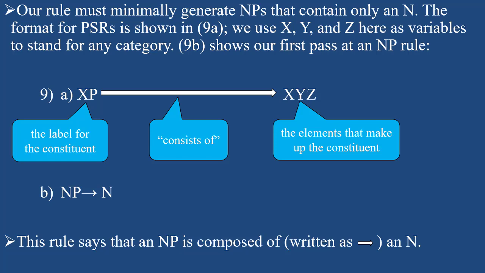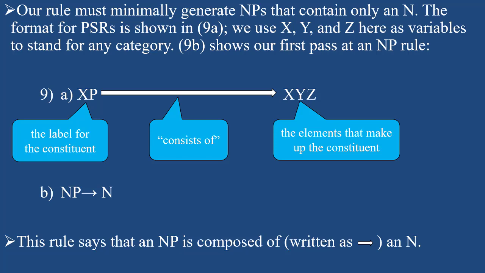Our rule first, before we move on, must minimally generate NPs that contain only a noun. We need a rule that generates NPs that contain only a noun. The format for PS rules is shown in 9a.